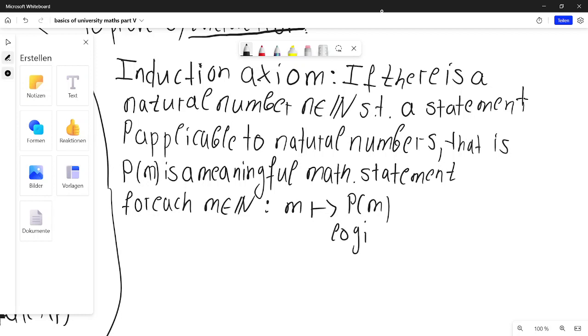And what that means is you can define a function that assigns to each m in N, for elements bigger or equal n, a statement P of m.